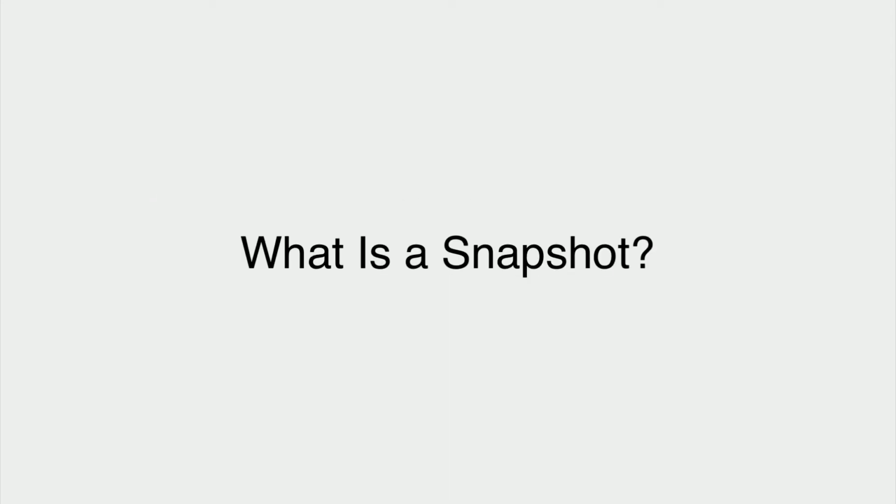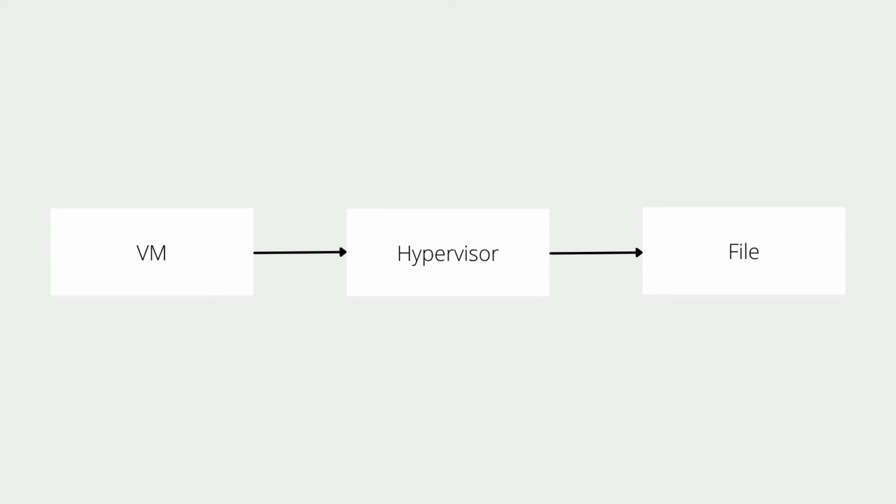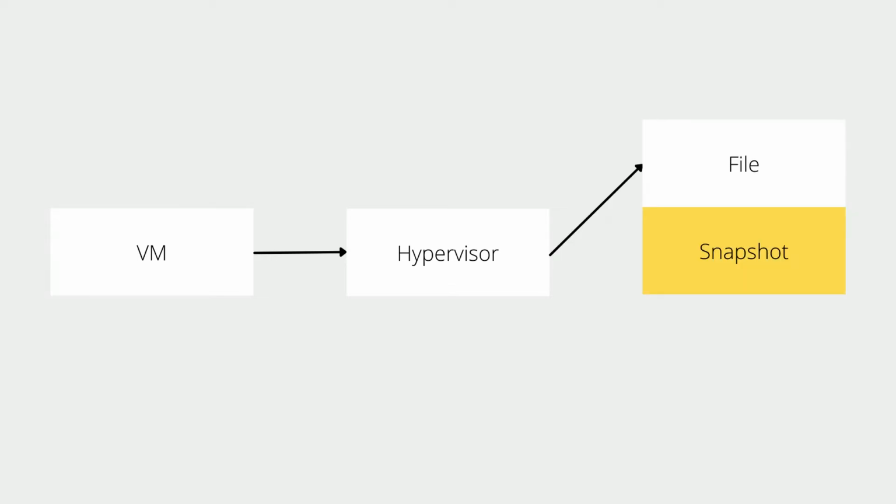What is a snapshot? Normally, when a virtual machine writes data to its virtual drive, the hypervisor saves that data to a virtual drive file for that virtual machine. Several hypervisors allow us to define a snapshot that freezes the data on the drive at a specific time. After the snapshot has been created, instead of writing data to the main virtual drive file, the hypervisor writes the data to a separate file.